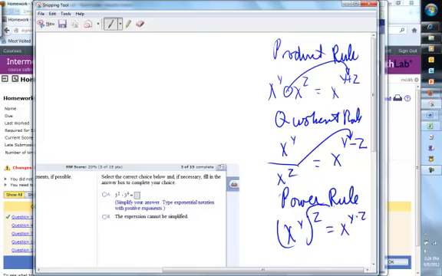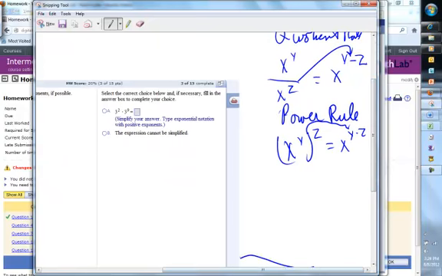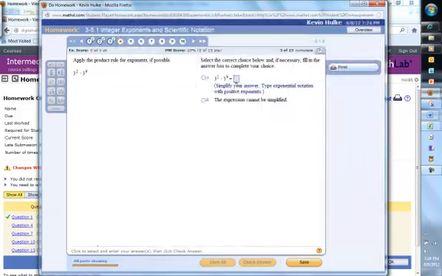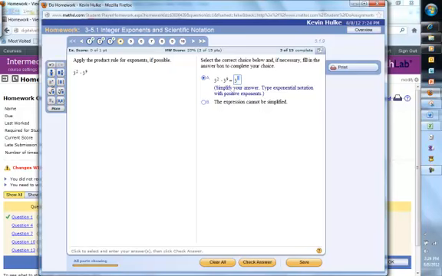When you raise a power to a power, you multiply the exponents. In this case, we've got 3 to the third times 3 to the ninth is 3 to the 11th. You add the exponents.